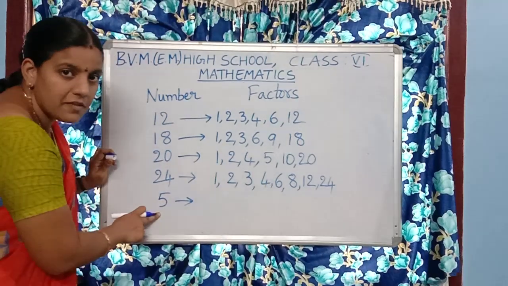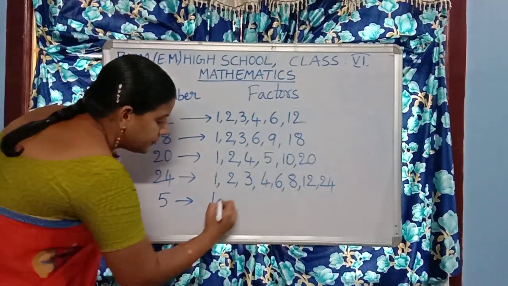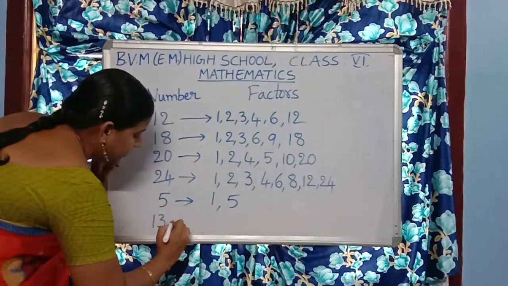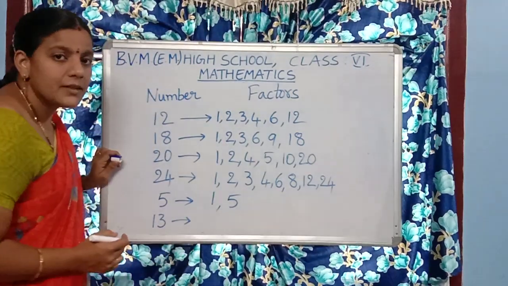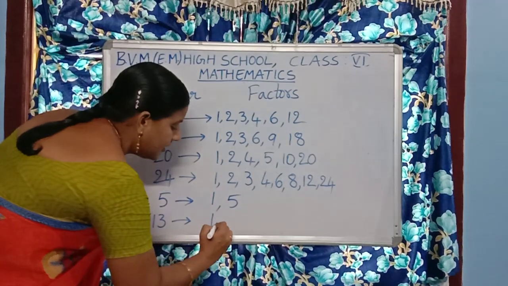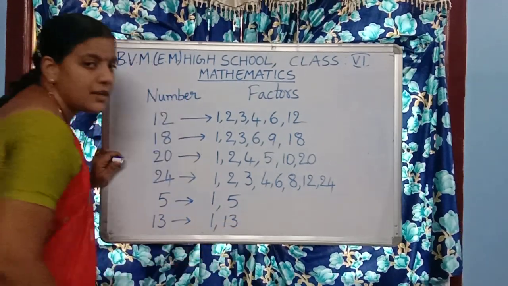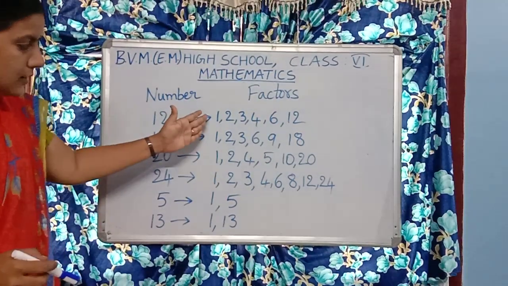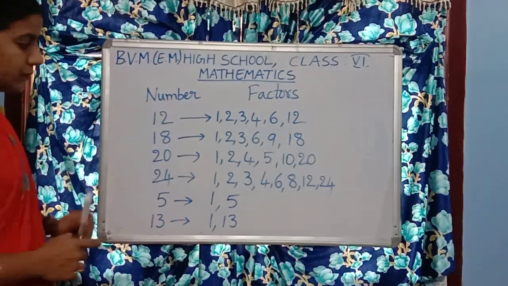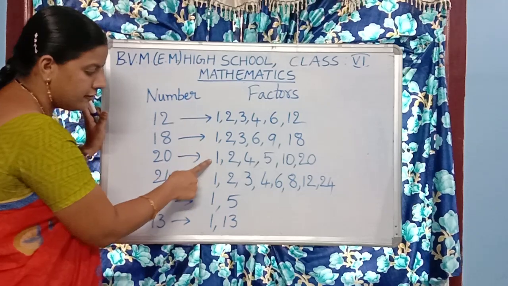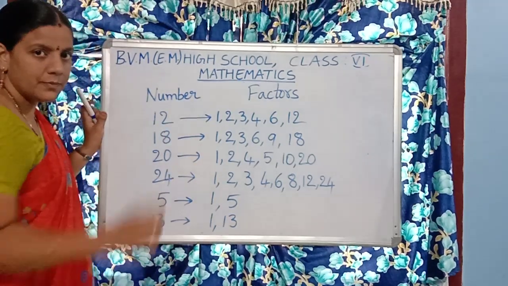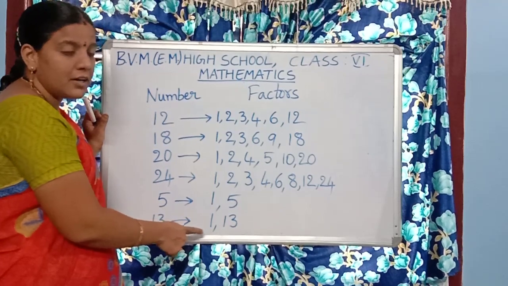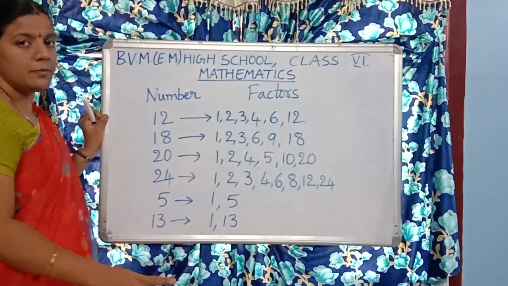What are the factors of 5? 1, 5. Take 13. What are the factors? 1 thirteen is 13. No other factor is there. So, when we observe this, what is the common factor? 1, 1, 1. So, 1 is the factor for every number.